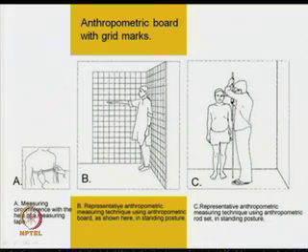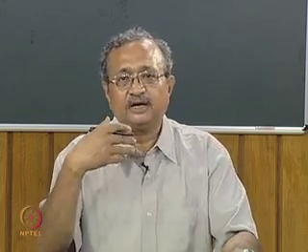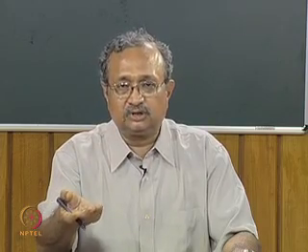Figure B is a representative anthropometric measuring technique using an anthropometric board in standing posture. In different bending postures, reach values etcetera can also be measured using this board, and there may be varieties of anthropometric boards we can use.